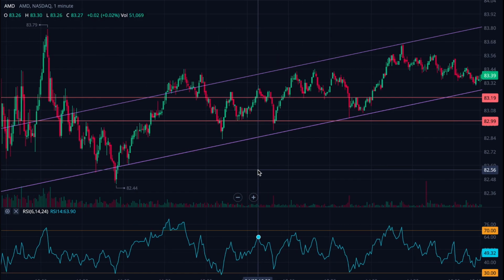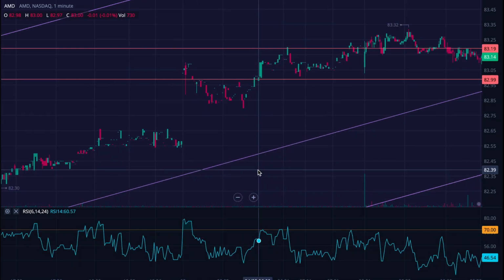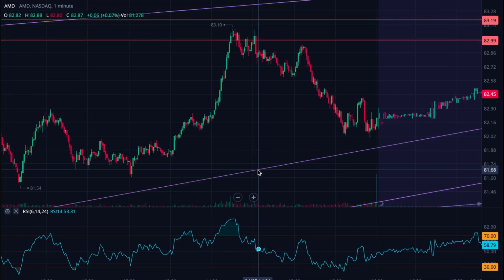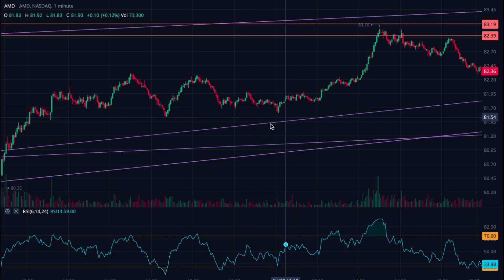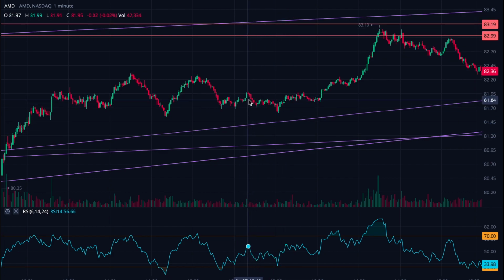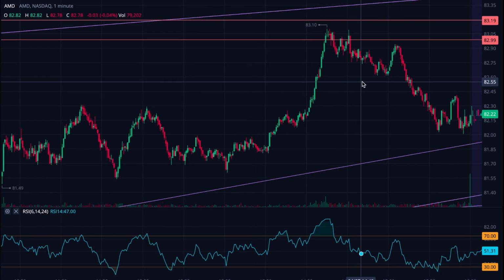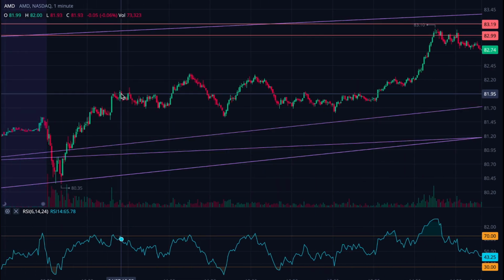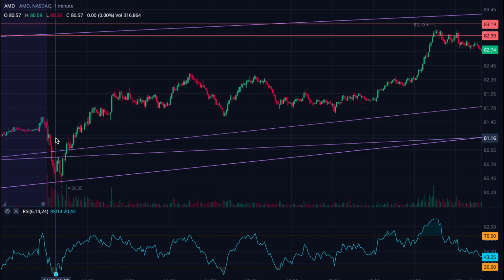Let's go back in time a little bit since we're here and see what happened yesterday. So ignore these purple lines because these are nothing. But let's say you were just going off of the RSI indicator and you wanted to buy when it was oversold. Okay, so let's say here you would have seen it all the way down to 20.